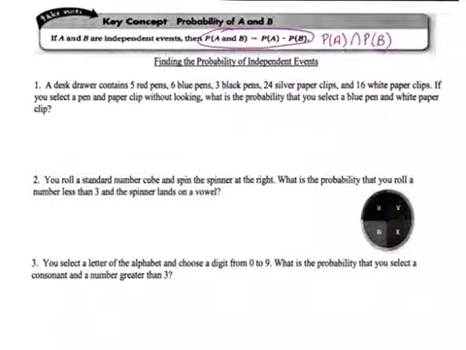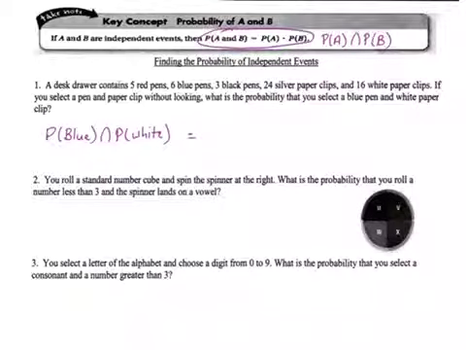So, a desk drawer contains 5 red pens, 6 blue pens, 3 black pens, 12 silver paper clips, and 16 white paper clips. If you select a pen and a paper clip without looking, what is the probability that you select a blue pen and a white paper clip? So we're looking for the probability of, in this case, blue, and the probability of a white paper clip.